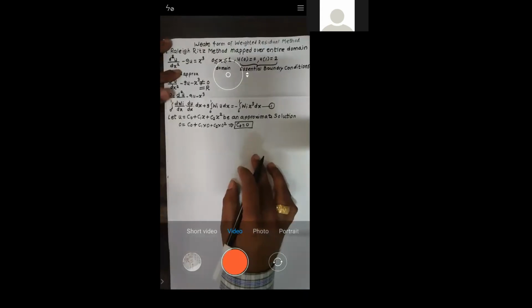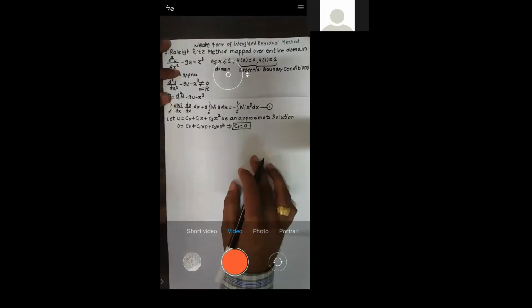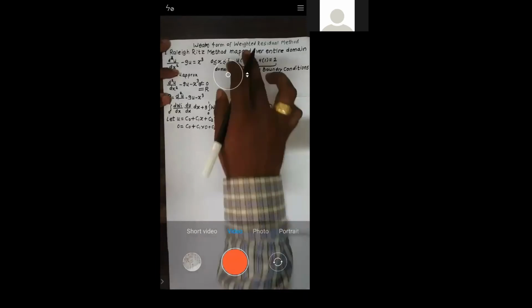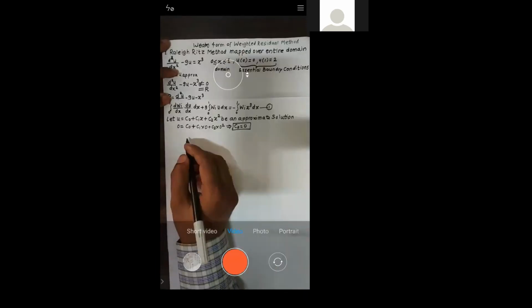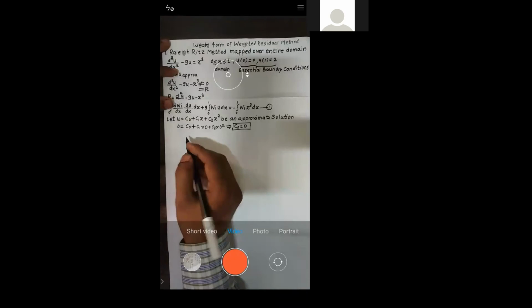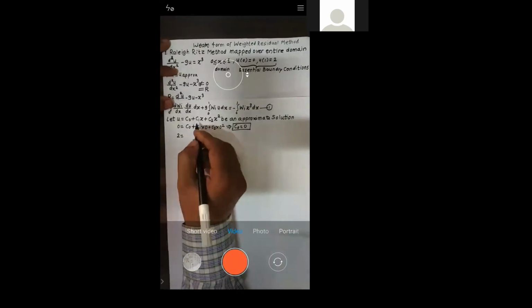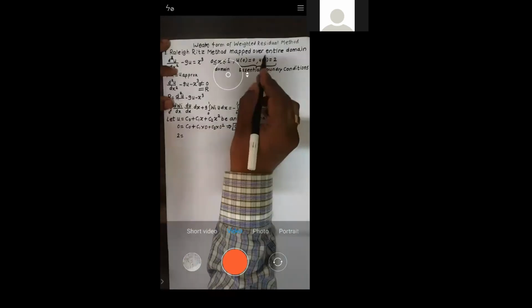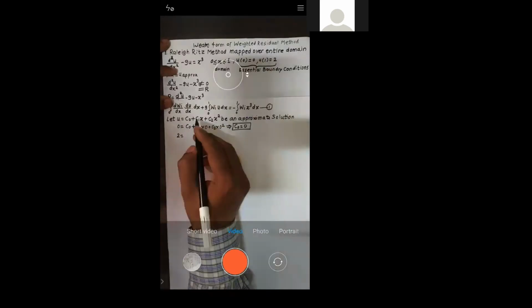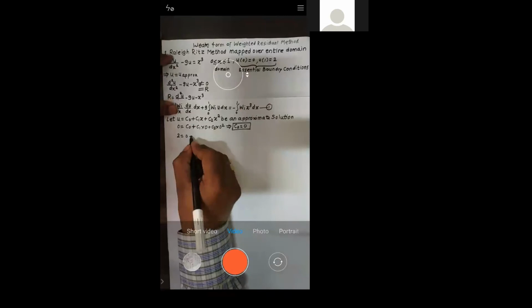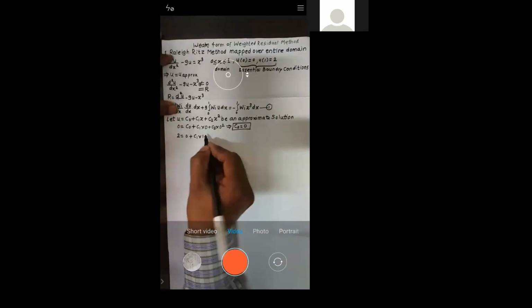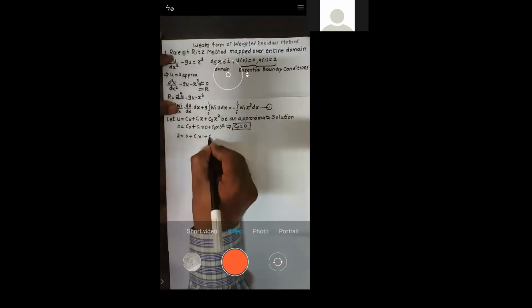Now see all of you, next boundary condition. You apply the second boundary condition. u is equal to 2 when you take x as 1. So c0 is 0, I'll write down c0 is 0 plus c1 into x is 1 plus c2 into x is 1 square.